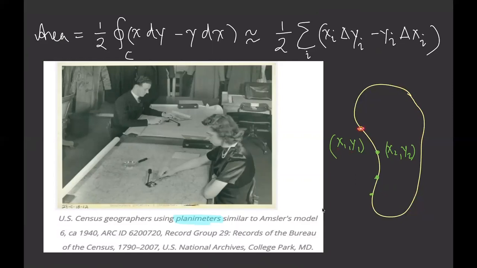So if you go from x1, y1 to the next point, x2, y2, well, you know the x values at each of these points, but you also know the change in x and the change in y. So now remember that what we established was that this was true. So we can approximate this. Now remember, an integral is just like a summation. So x dy, at any one of these locations, it's x_i times the change in y at that location.